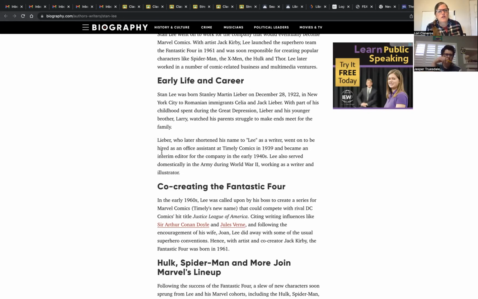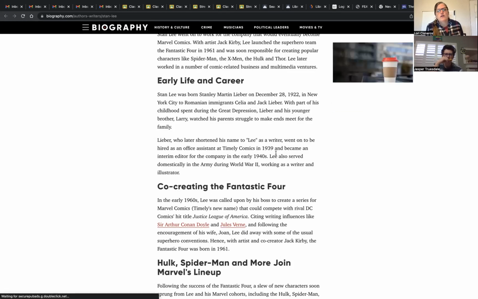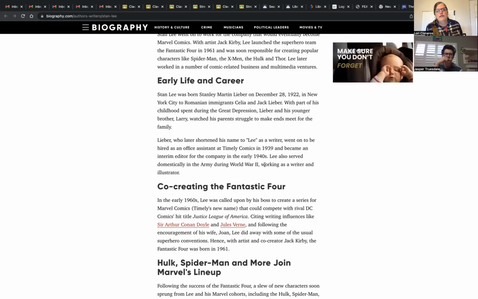And then the second paragraph here, Lieber, I'm not sure who that is, who later shortened his name to, oh, okay, that's him. Lee, so that was his original name, Lieber probably, was a writer, went on to be hired as an office assistant at Timely Comics. Oh, and became an interim editor for the company in the early 1940s.